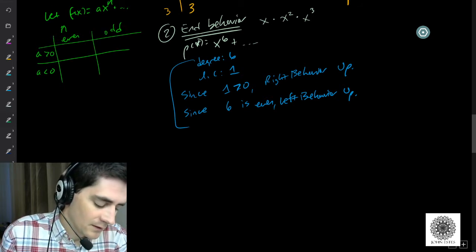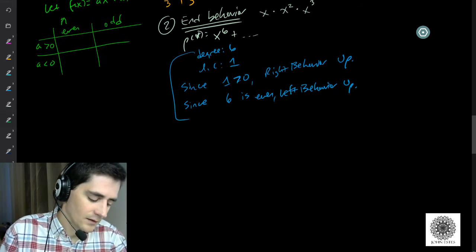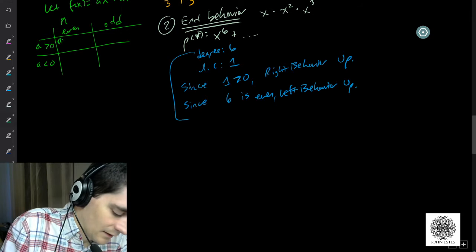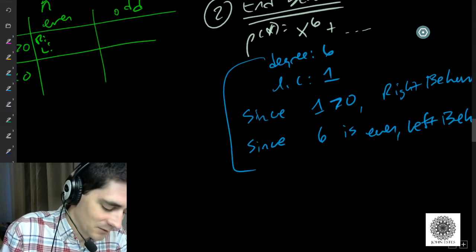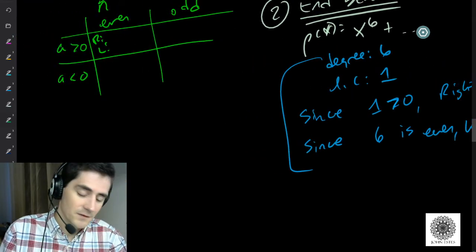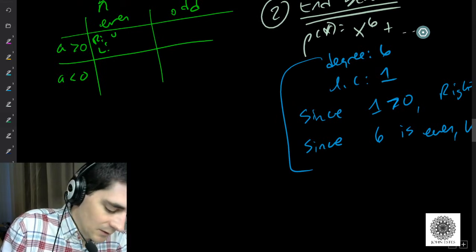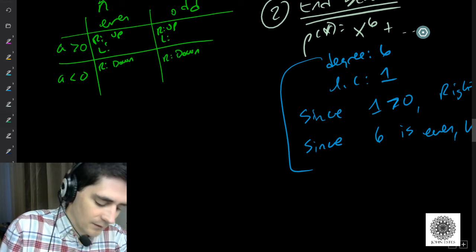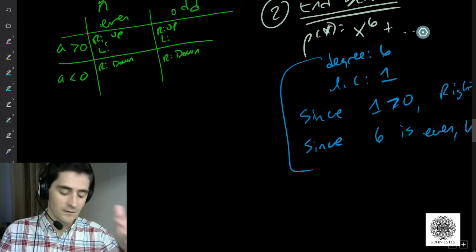Okay, so here if I have a leading coefficient, I need the right and the left in here, right? Let me zoom in a little bit. So if I have a leading coefficient that's positive, the right side is going to go up regardless of the degree, okay? And if the leading coefficient is negative, the right side is going to go down regardless of the degree.